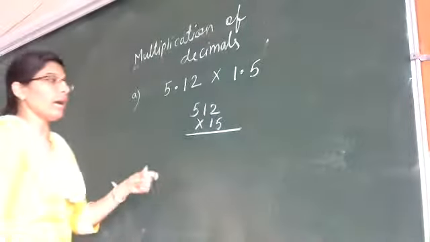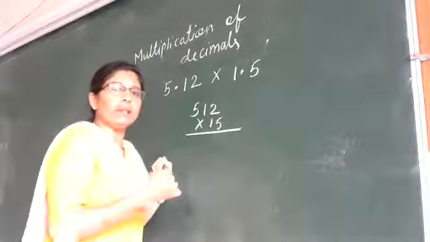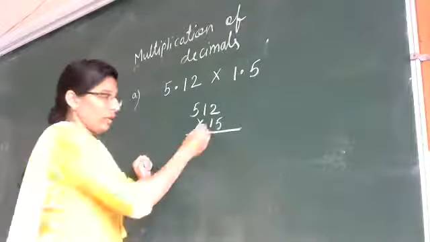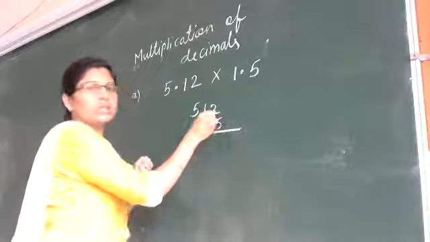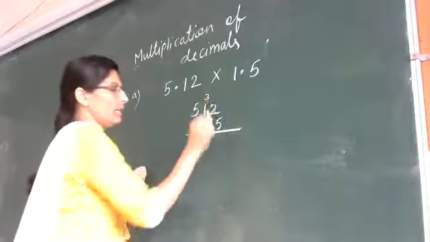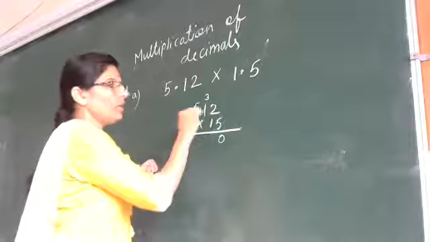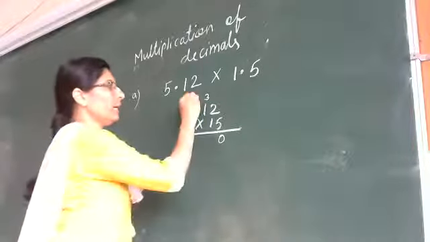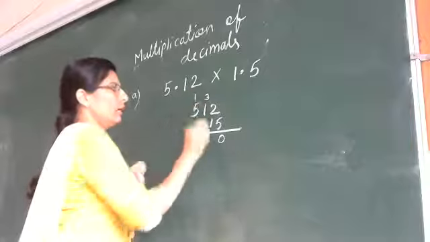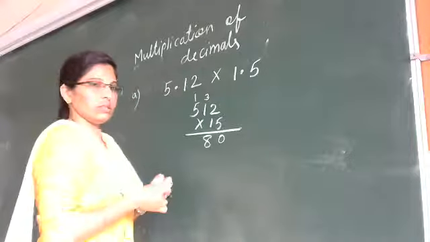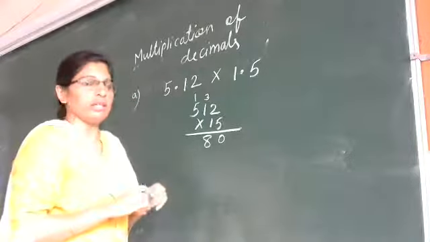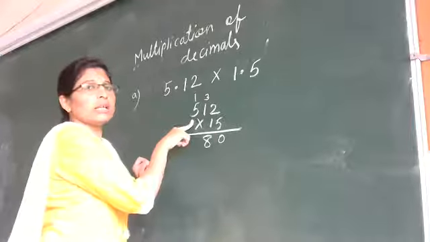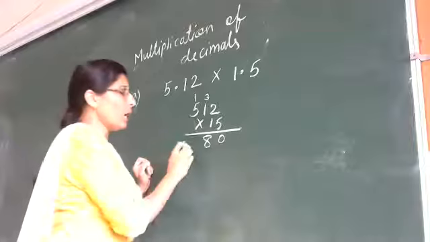If you know the 15 table, we can do it directly. 15 twos are 30. Yes, very good. 15 ones are 15 plus 3, 18. Yes. 15 fives are 75 plus 1.